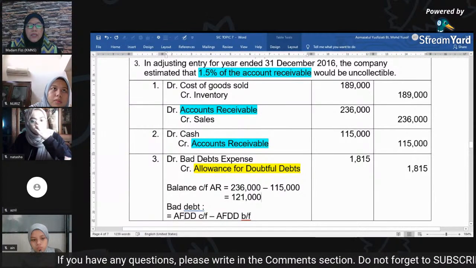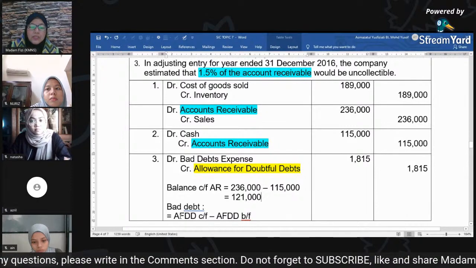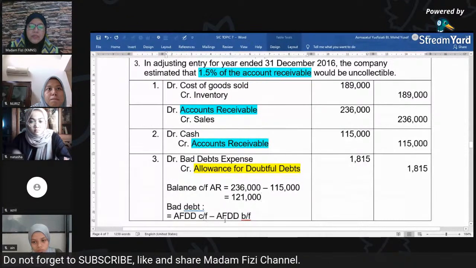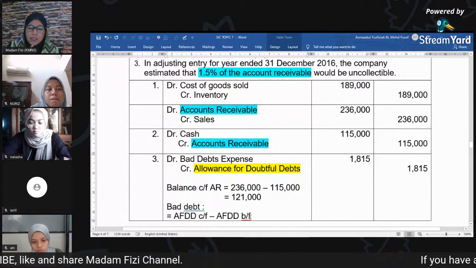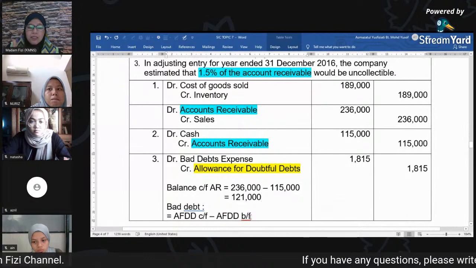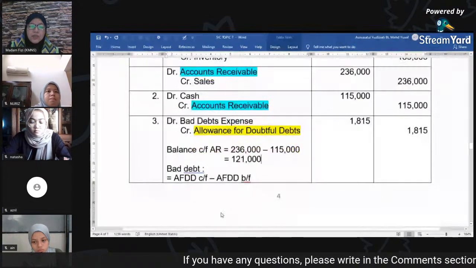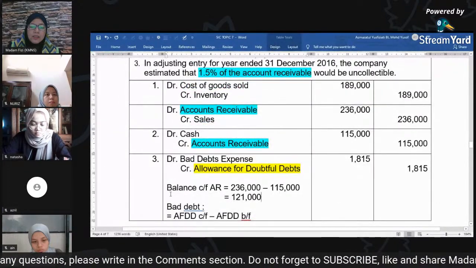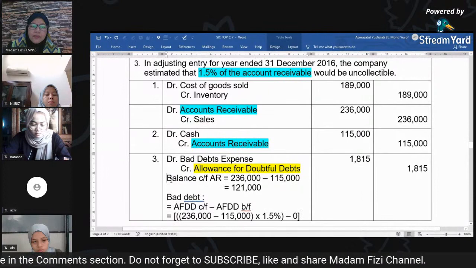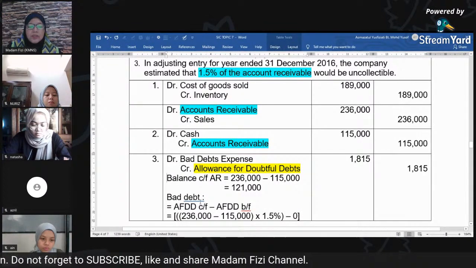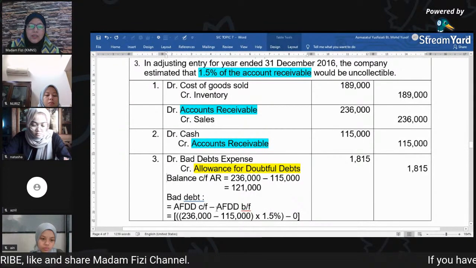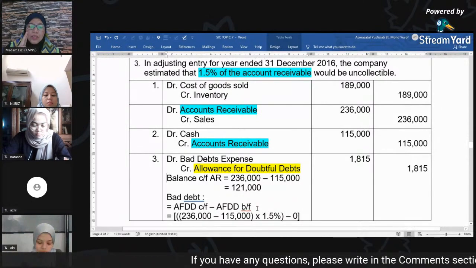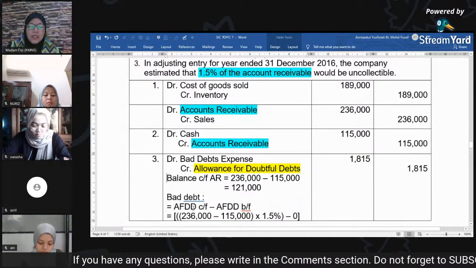So to calculate the bad debt, it is AFDD, allowance for doubtful debt ending minus allowance for doubtful debt opening, sebab dia tak ada transaction yang banyak. So ada dekat bawah the calculation for bad debt. This one also you don't have to open the T accounts because only 2 items.